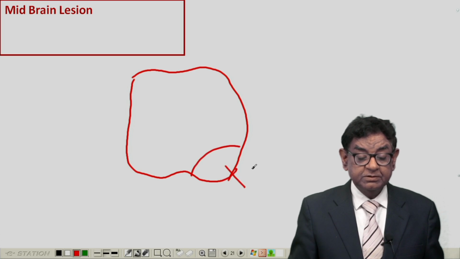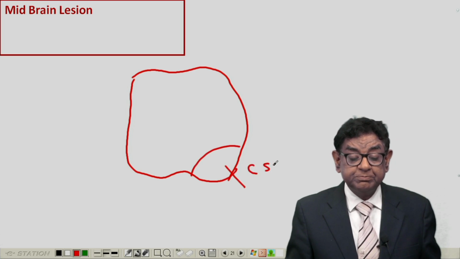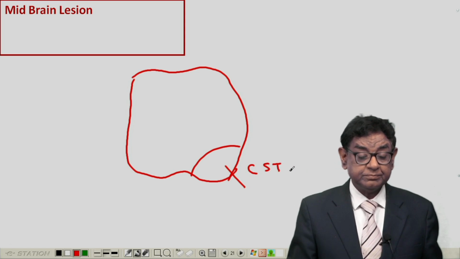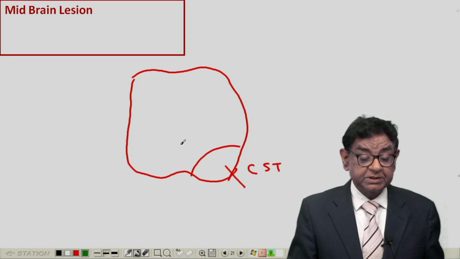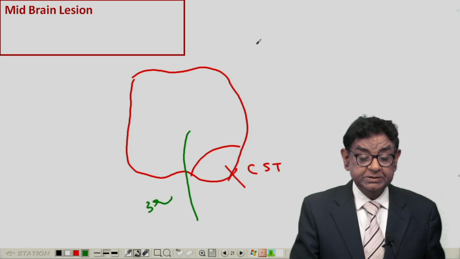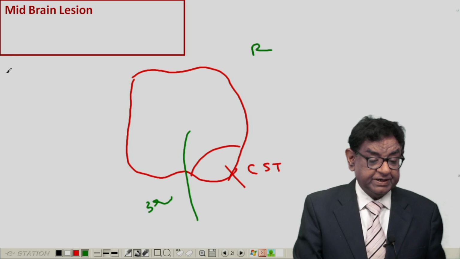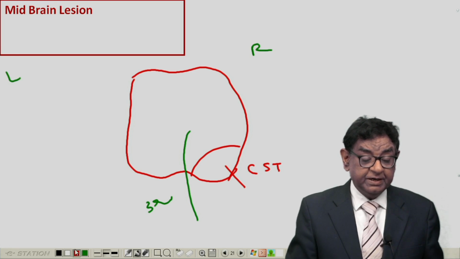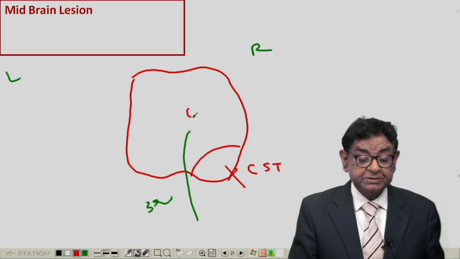this is the corticospinal tract. This is the third nerve. This is the right side, and this is the left side. And here is the red nucleus.